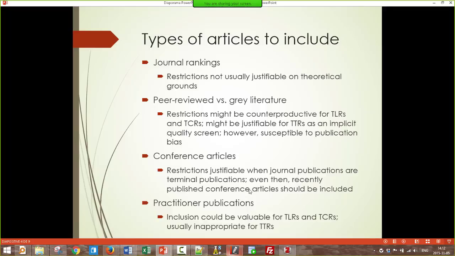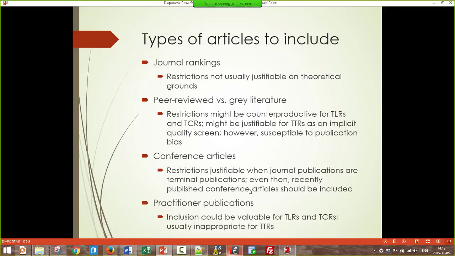The next, conference articles. Okay, traditionally, and when I say traditionally, I'm talking about as recently as 10 years ago, people did not usually include conference articles in literature reviews, and it was mainly a pragmatic issue. There's so many conferences, how do you access them? Most conferences did not have their articles indexed in electronic journals, in electronic databases.